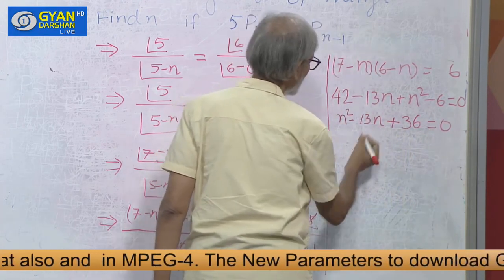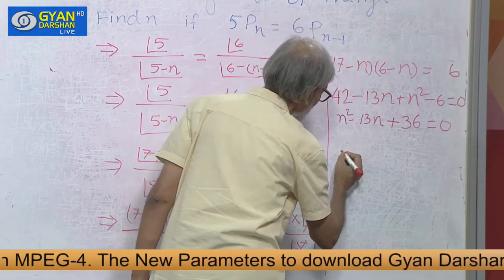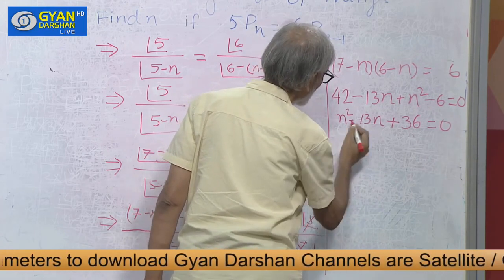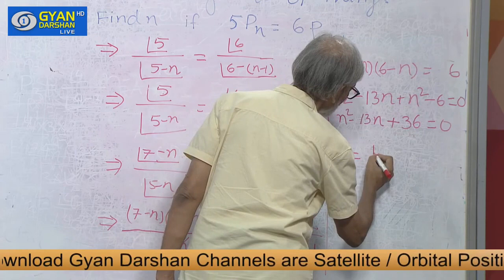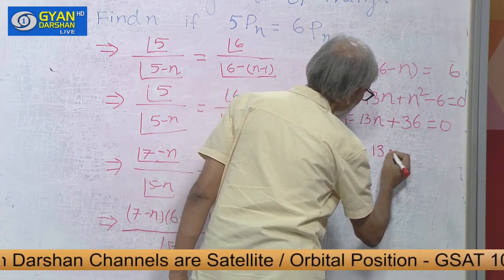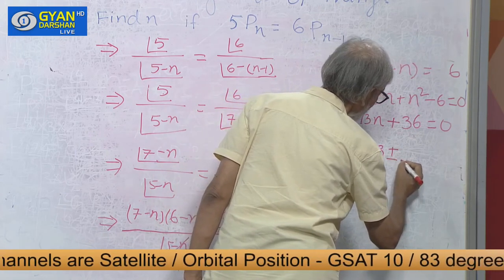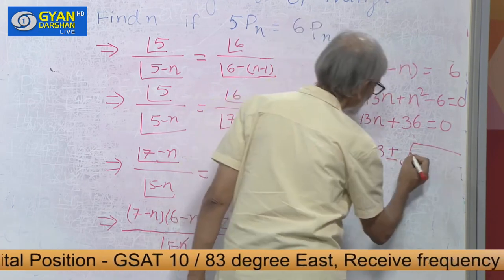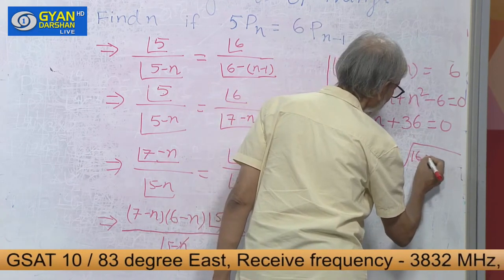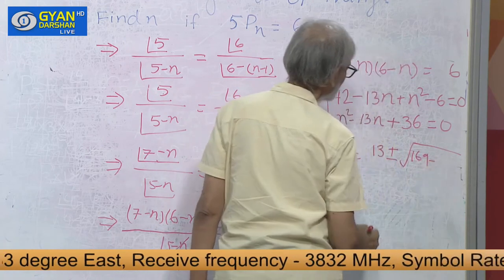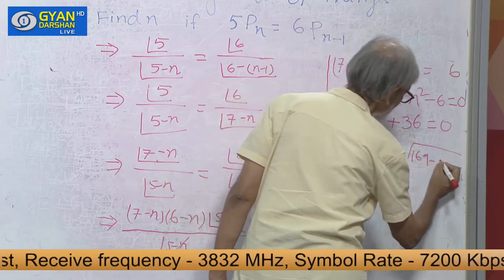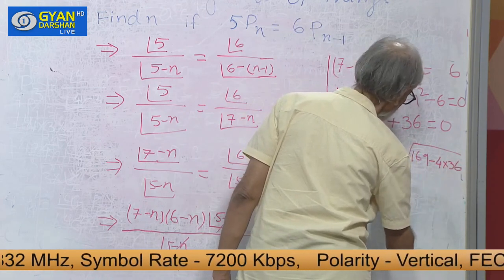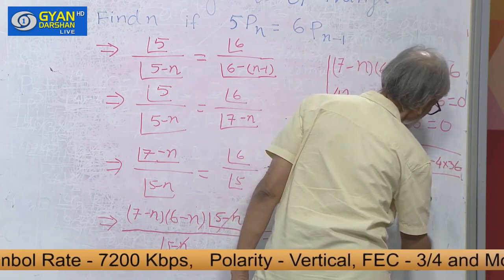Now from here you can calculate the value of n. n will be equal to, you know the formula, minus b, so it will be 13 plus minus under root b square. 13 square is 169, minus 4AC, 4 into 36, divided by 2.